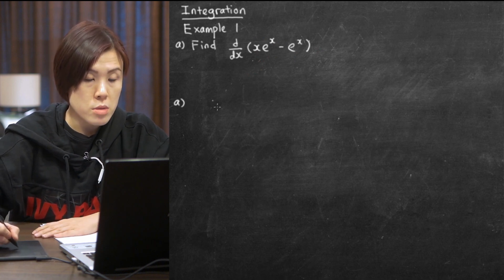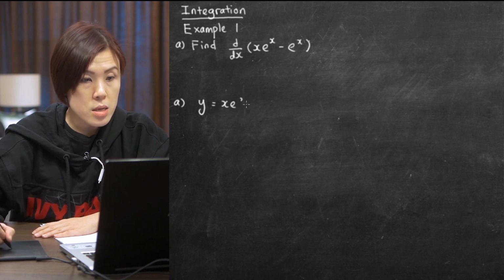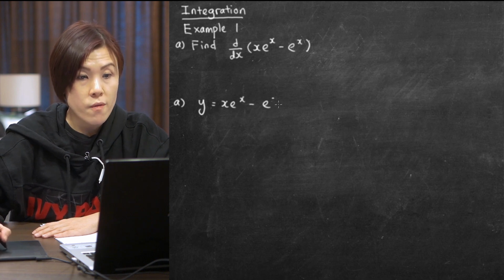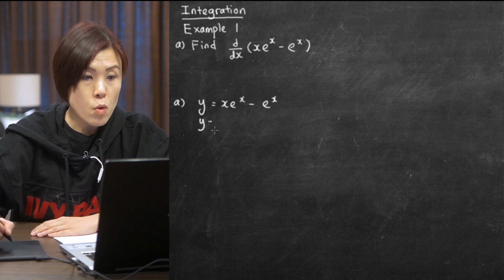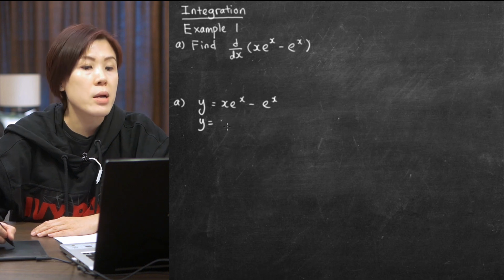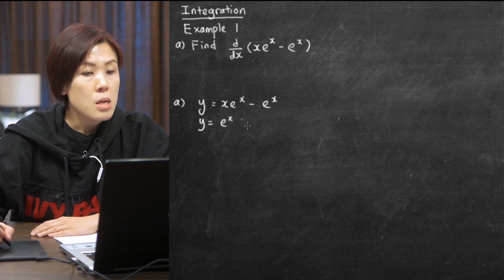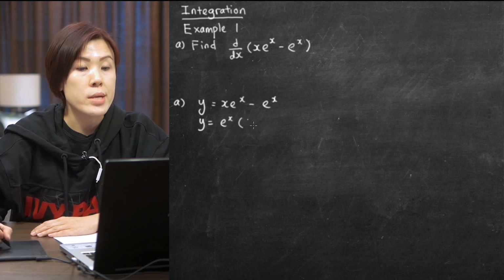What I mean is, let me define y as xe to the power of x minus e to the power of x so that I can use dy by dx. So I'm going to factorize e to the power of x, then put x minus 1 in the bracket.